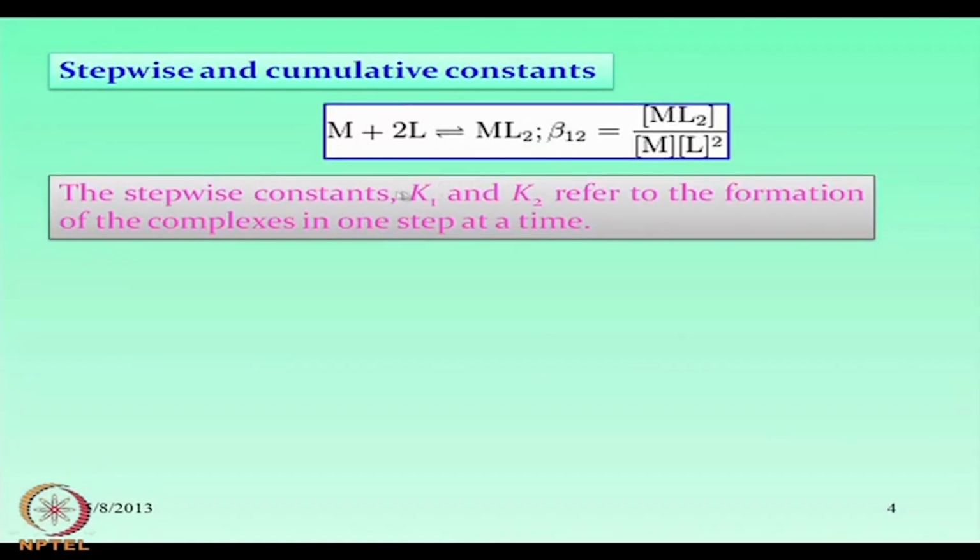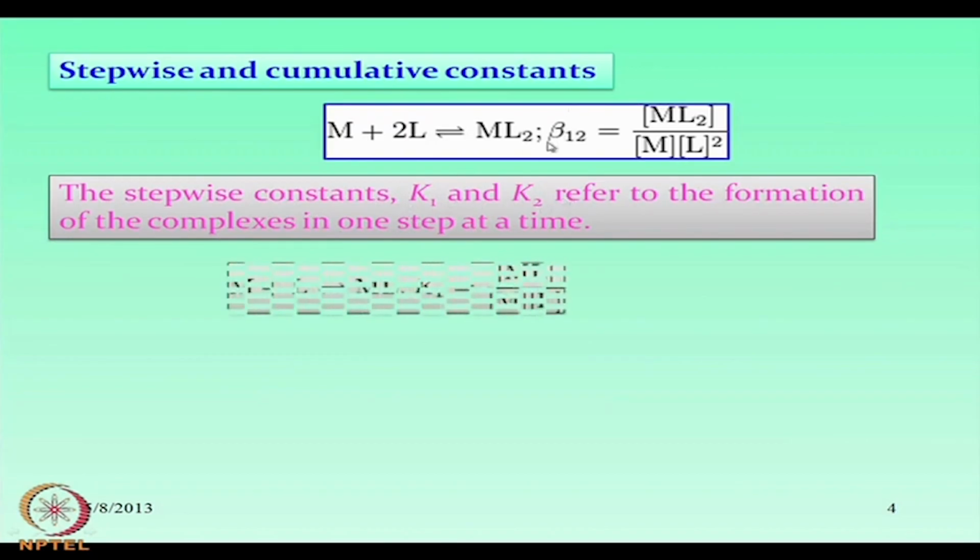So, in these two steps we have K1 and K2 and we call them the formation of the complexes one step at a time. That means, if both K1 and K2 are operating together, we get only beta 1 2 in a single step.